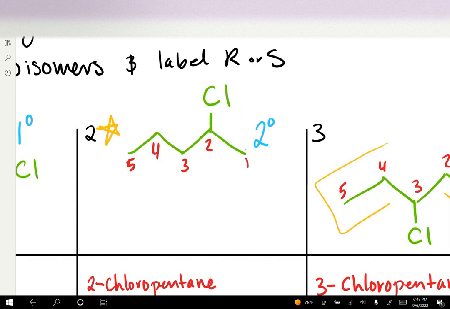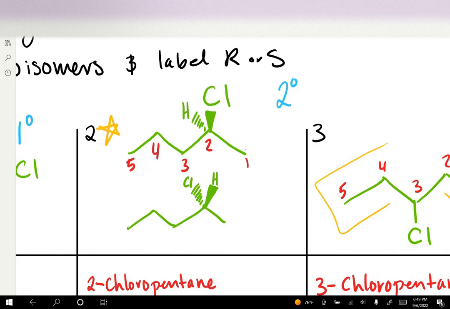Sentimentality, maybe. And now we get to draw. So I'm going to say structure 1 is going to have chlorine coming forward and the hydrogen going back. Now the other version of this would have the hydrogen coming forward and our chlorine going back.